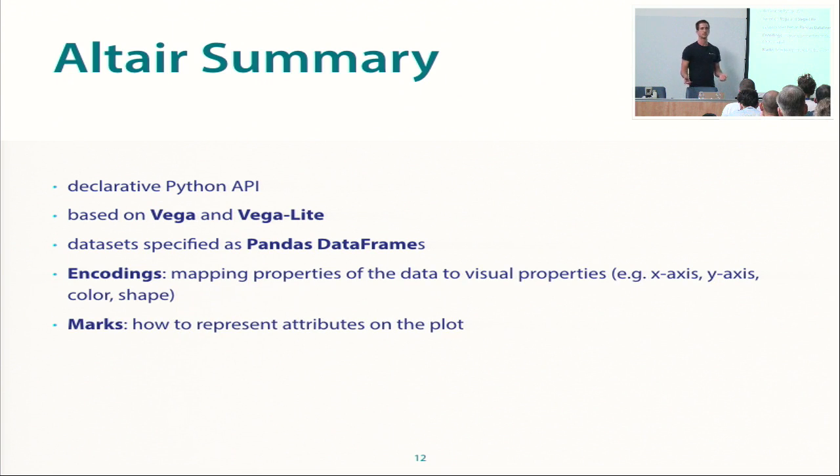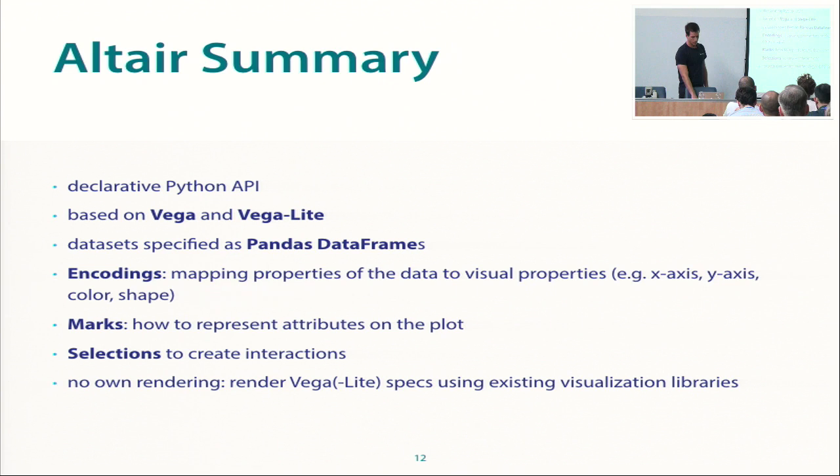We can define different marks like bars or points, etc. Selections can be used to create interactions. And Altair doesn't care how the graph is visualized or what is responsible for rendering. That's done by other things. For example, JupyterLab ships the renderer and not Altair.